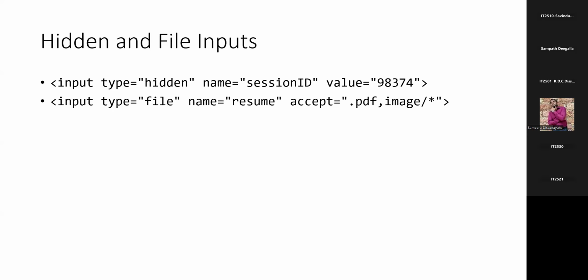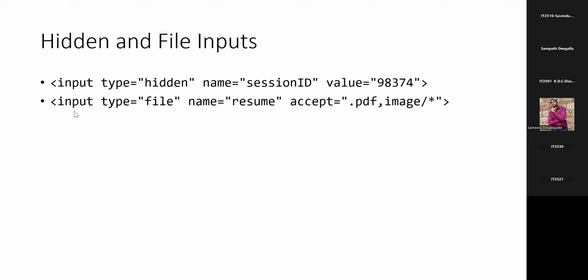Whenever you want to handle that, you can create a session ID, but you don't need to display this to the user. This is for internal management. So we can create what we call hidden inputs like this.